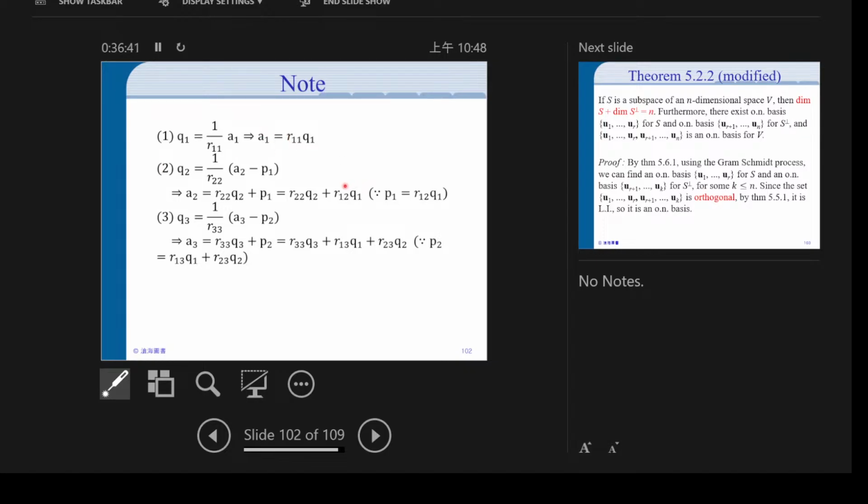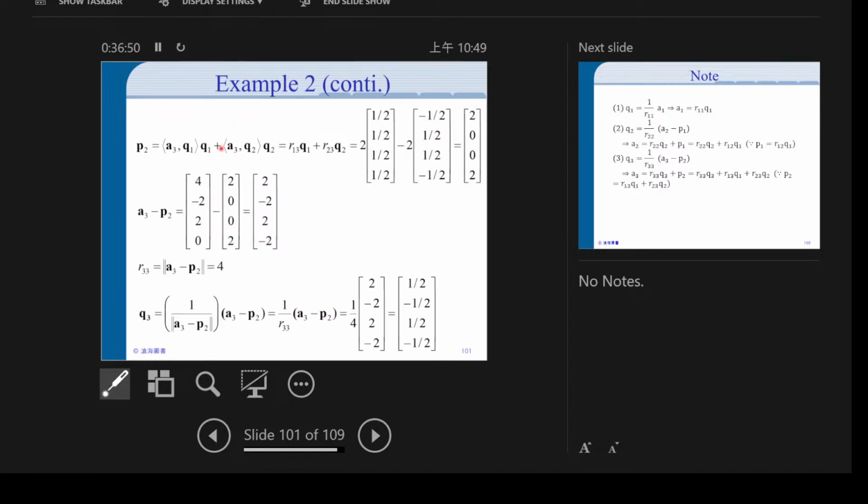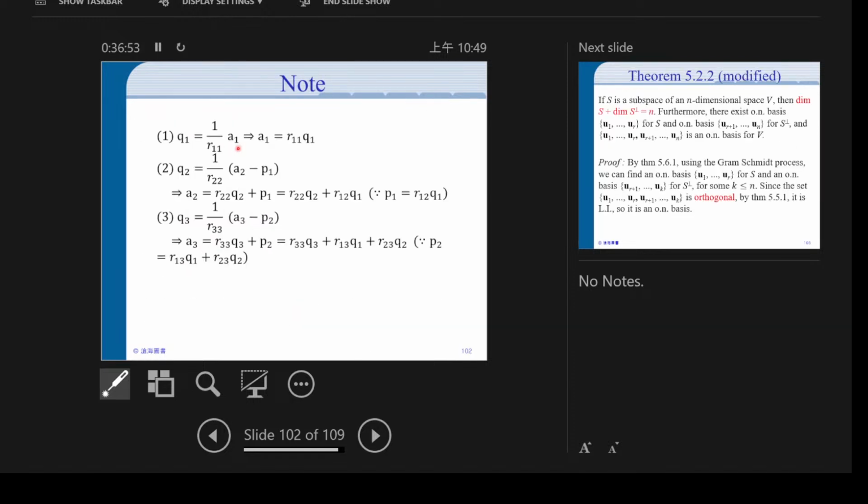Q1 is A1 divided by R11. R11 is the norm of A1, R22 is the norm of A2 minus P1, and R33 is equal to the norm of A3 minus P2.